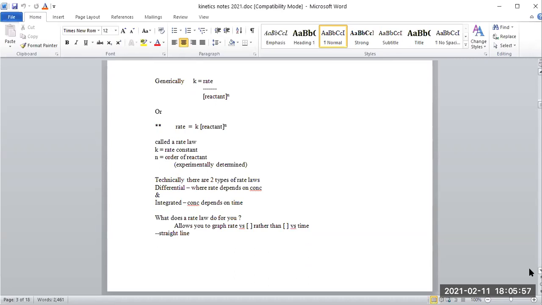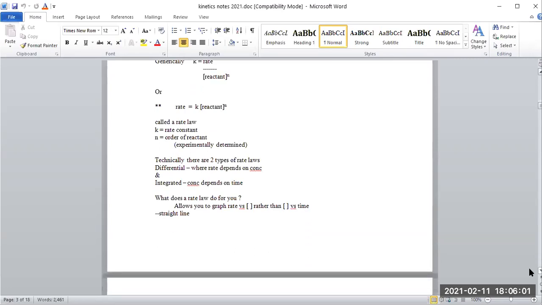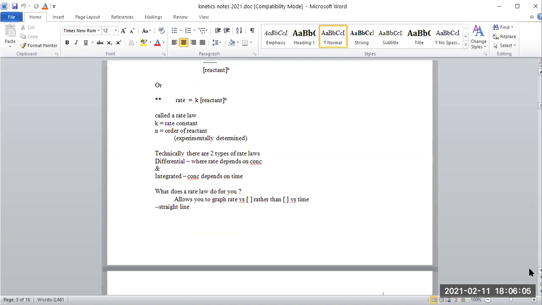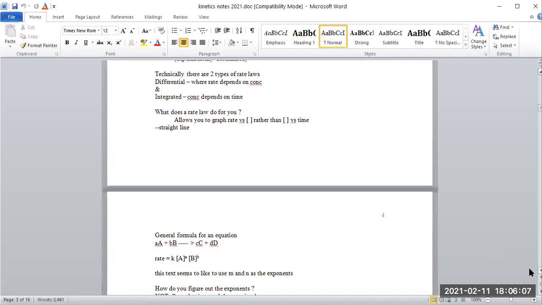So what can I do with this? This goes back to the ones we were looking at earlier, of graphing rate versus concentration. One of the things we saw earlier was that this gives me a straight line, given the limits of experimental data.